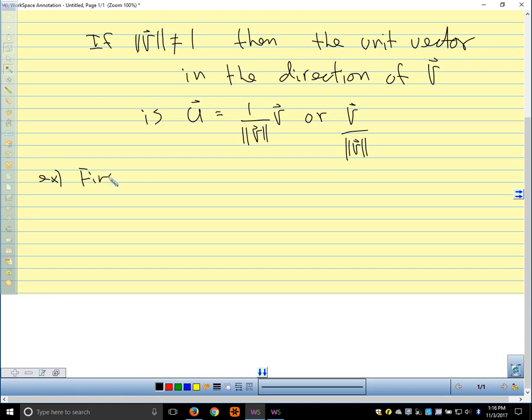if we want to find the unit vector in the direction of vector v equals 3, negative 4.